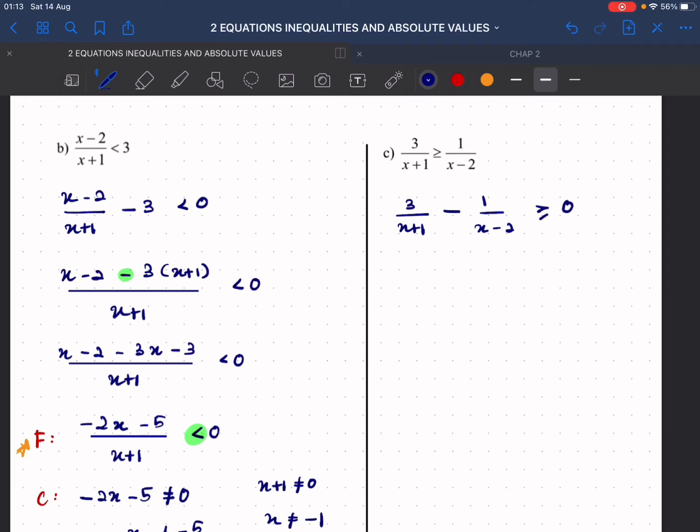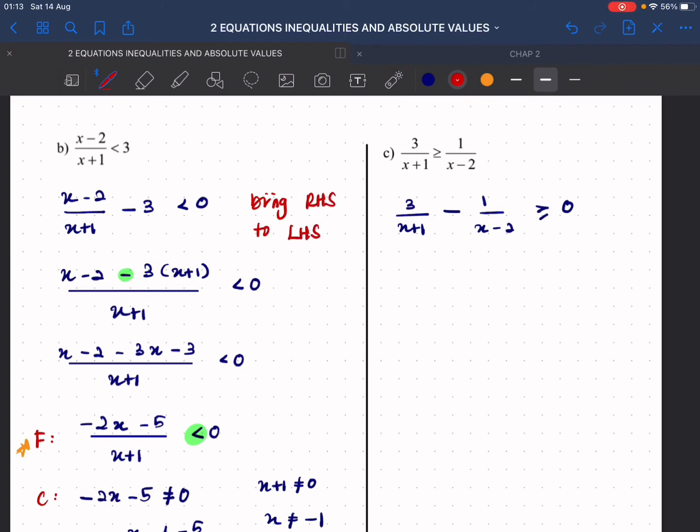Okay, so we are going to bring right hand side to the left hand side. So now, okay, sini saya tulis lah. Step yang pertama ialah bring right hand side to left hand side.